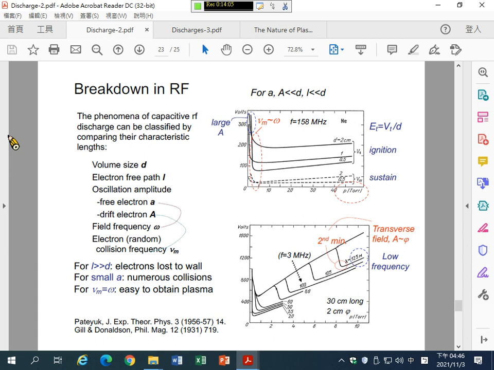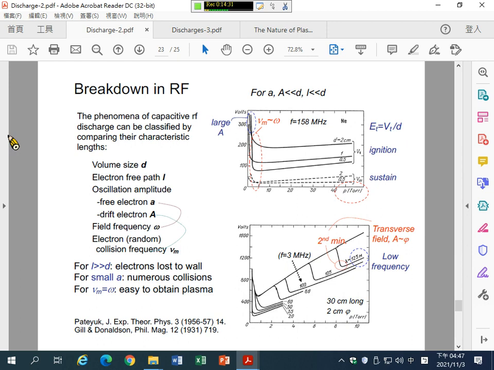And in RF discharge, you can also find a figure similar to the Paschen curve. In this figure, the vertical axis again is the voltage of the RF power supply, the RF output voltage.